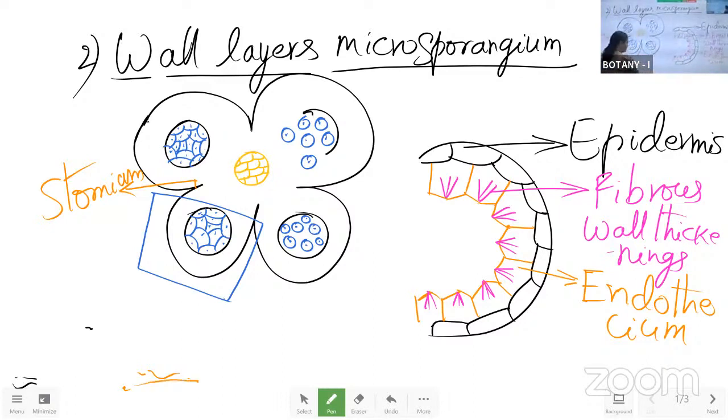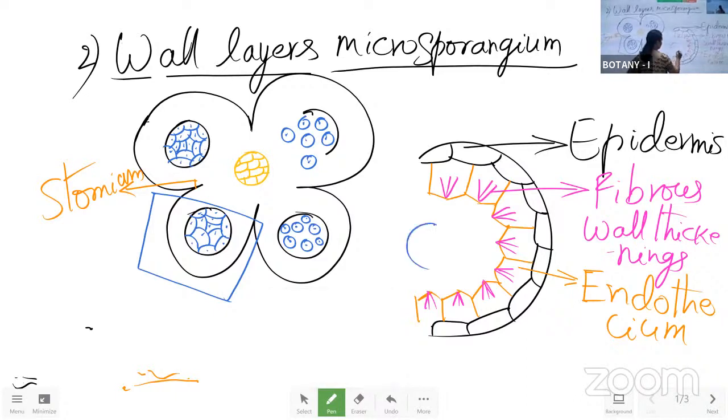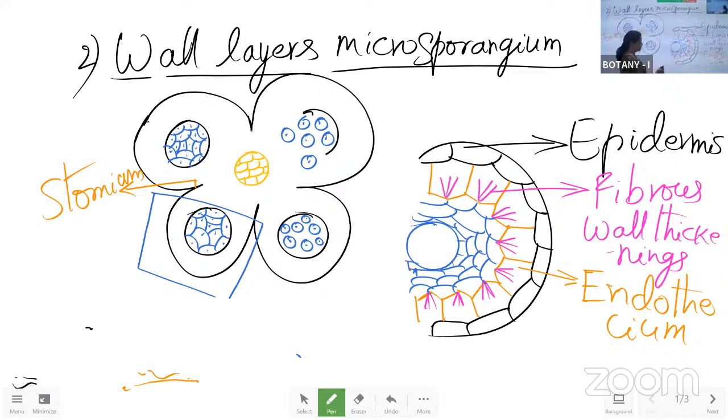Okay, and next comes the third wall layer. Third wall layer is the middle layers. These middle layers are many in number, minimum to maximum 7. And what do we have to say about these middle layers?